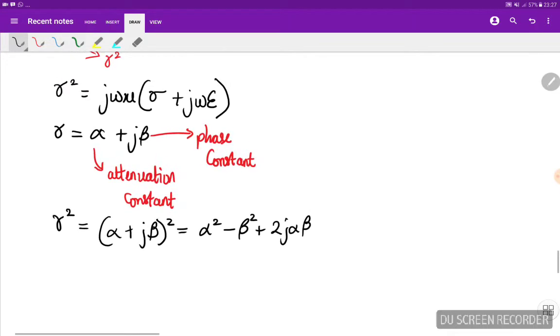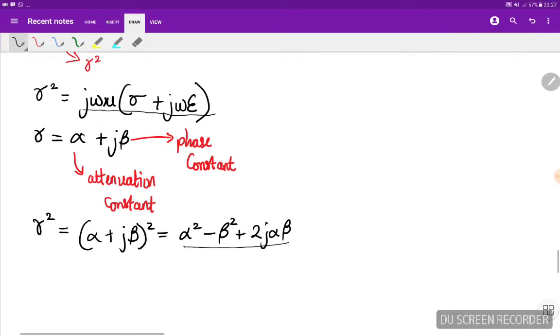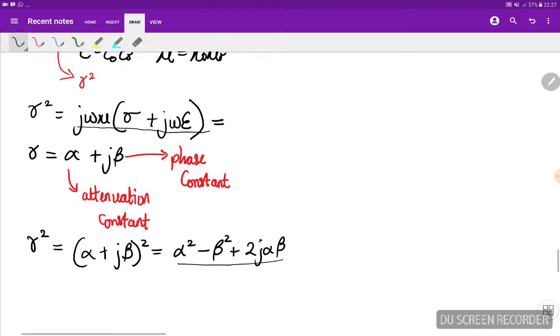So we compare what we have here to what gamma squared originally was. If we open that bracket, this gives us conductivity omega mu j. Now j times j is minus 1, so that'll be minus omega squared mu epsilon.